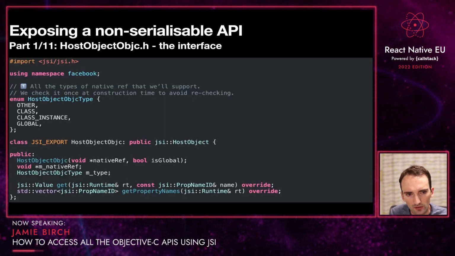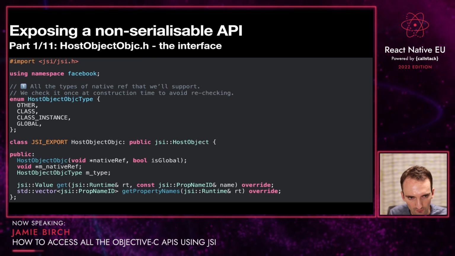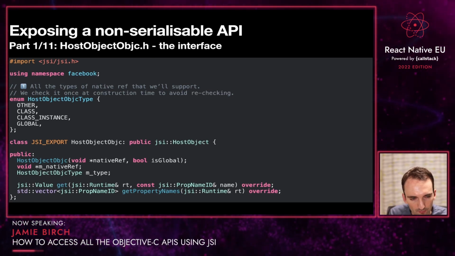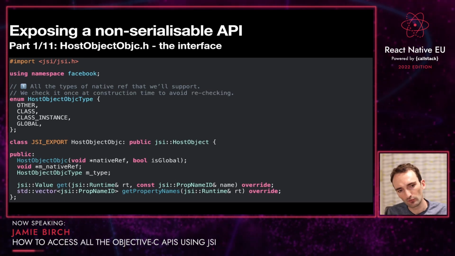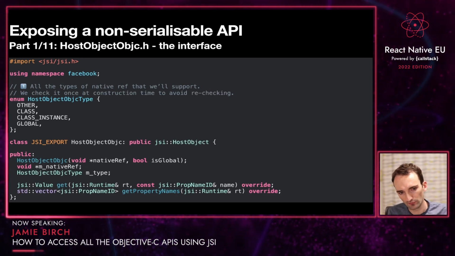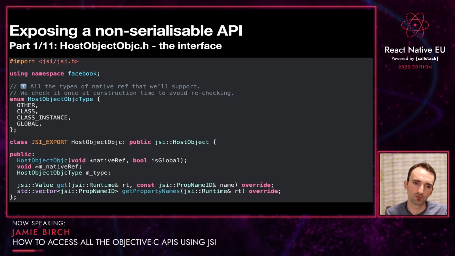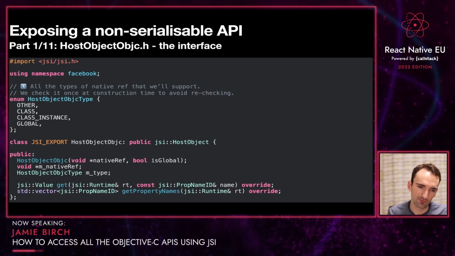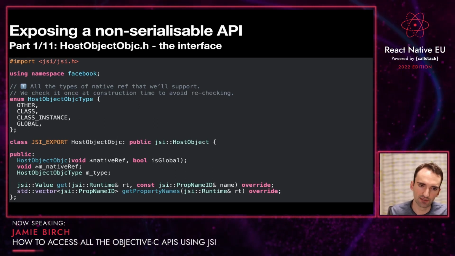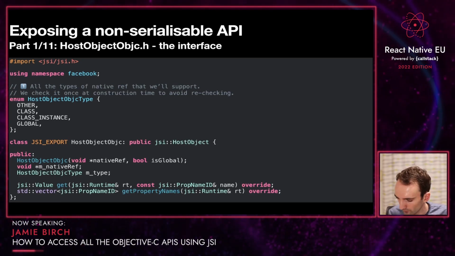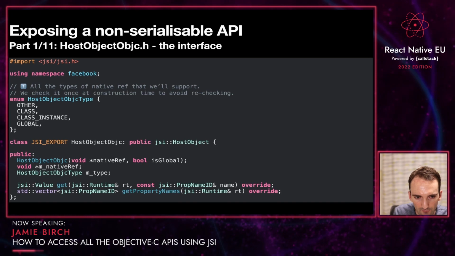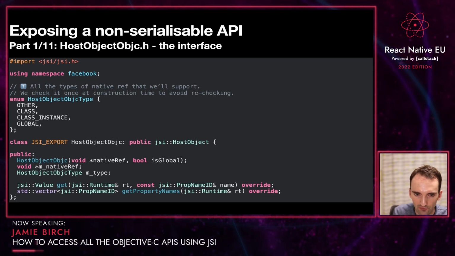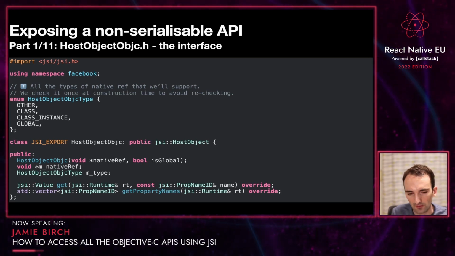So, a few changes here. Point number one, we've introduced this new enum, which expresses the various different types of native reference we support. We have other, just a catch-all. We don't really do anything special for this, but we have classes, class instances, and then the global. And you'll see that now means our constructor has a native ref as a param.